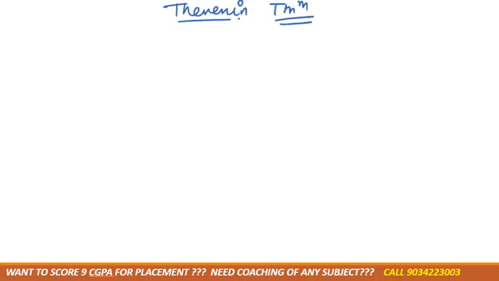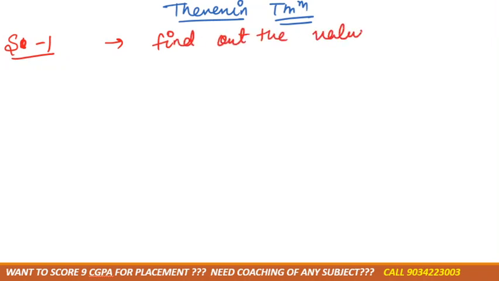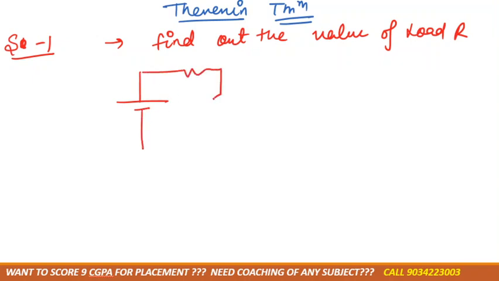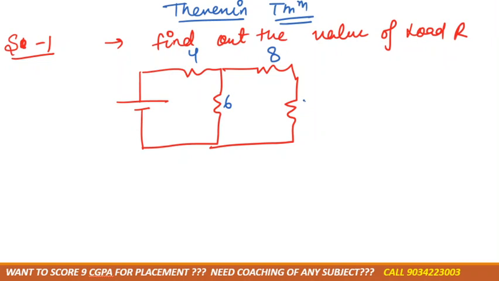In the Thevenin theorem, we'll follow certain steps. Step number 1, you need to find out the value of load resistance. Like suppose I'm giving an example, in whichever resistance they ask you to calculate the current, 10 and 20.